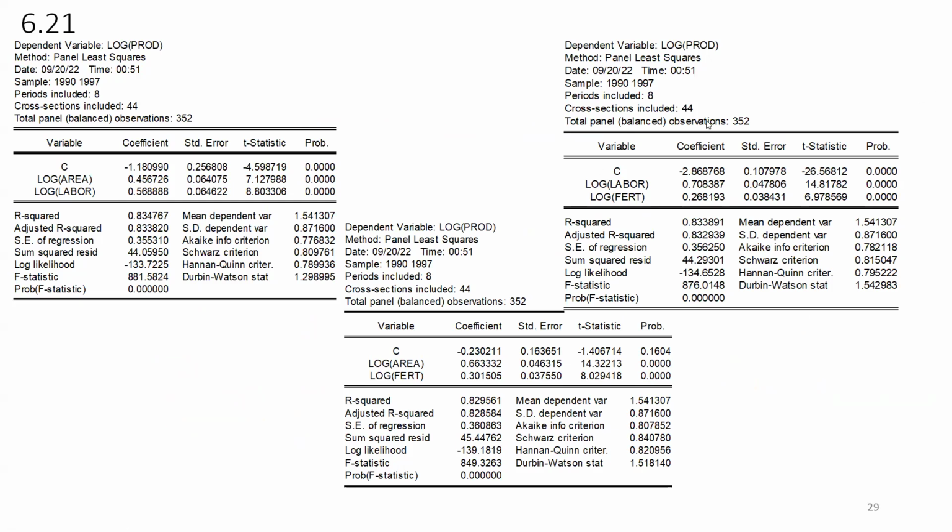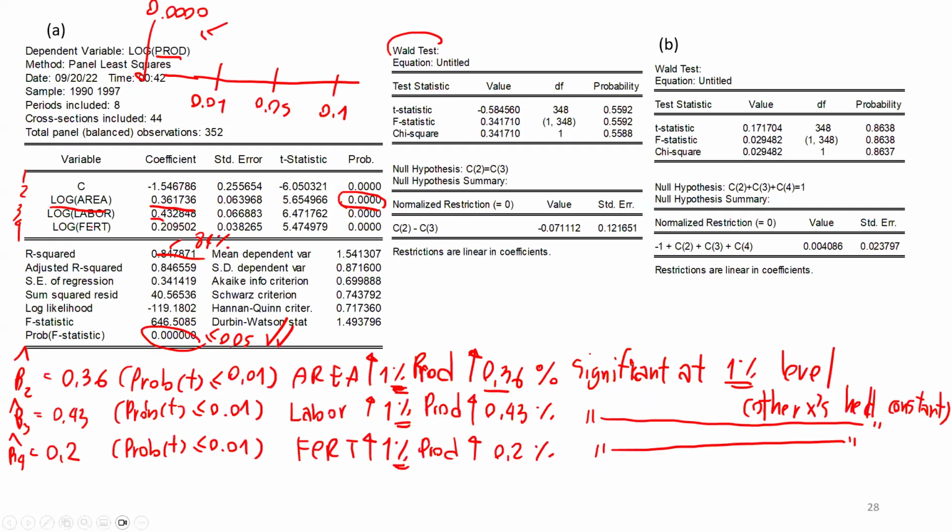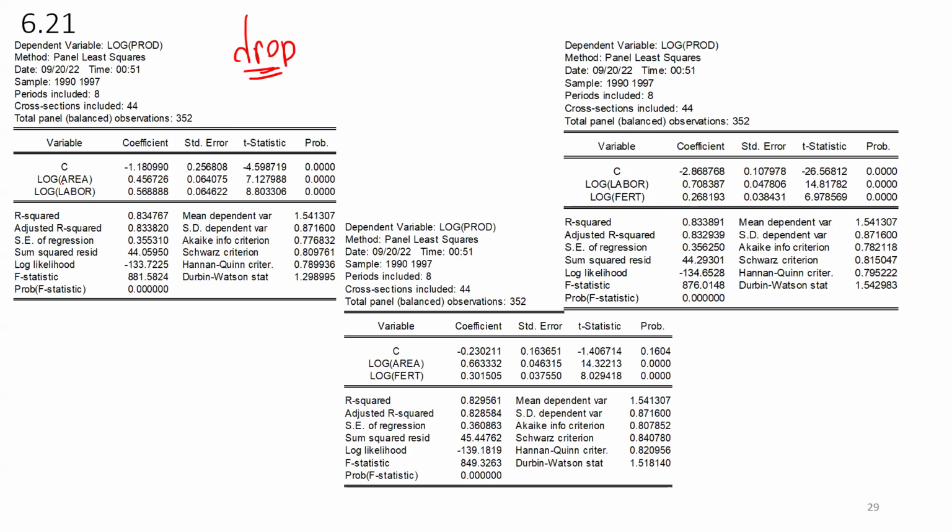So in this exercise they try to drop some variables. For example, previously we had area, labor, fertilizer. We have only area and labor, right? We drop fertilizer out.